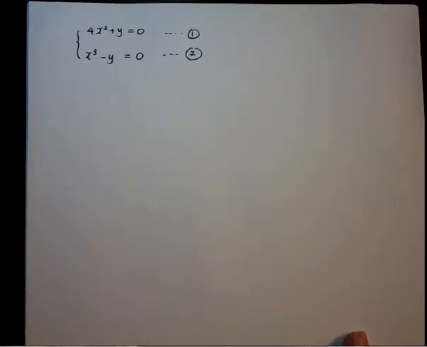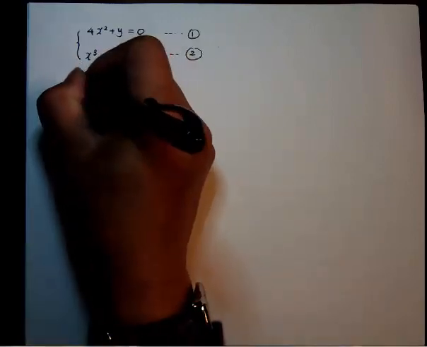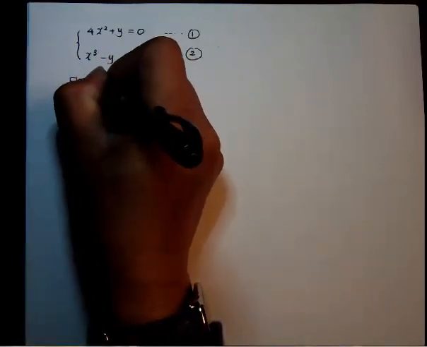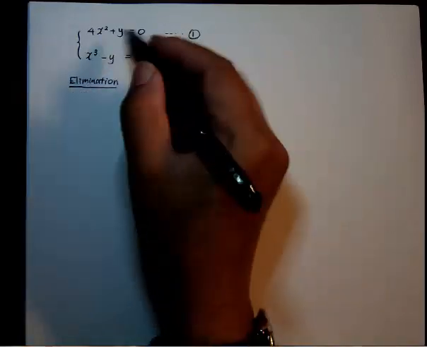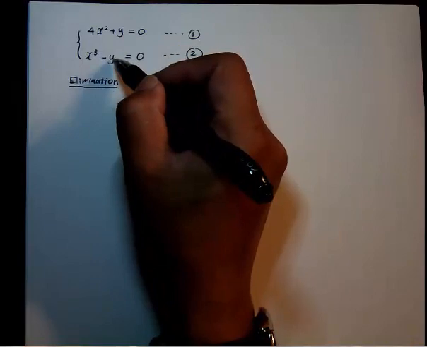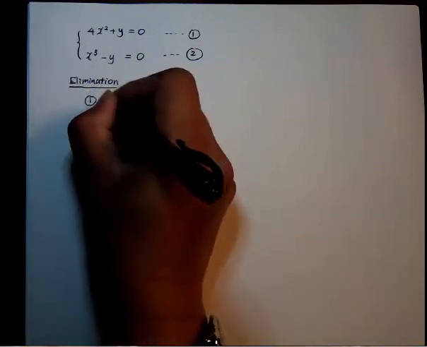Again, for this problem, I can use the substitution method or the elimination method. And how about if I use the elimination method? I notice the y terms have opposite coefficients. So I can use equation 1 plus equation 2.